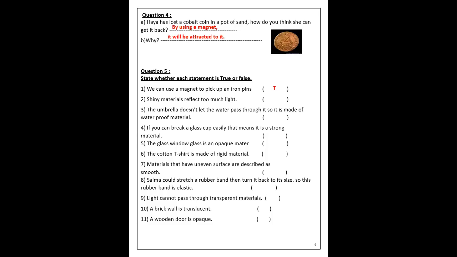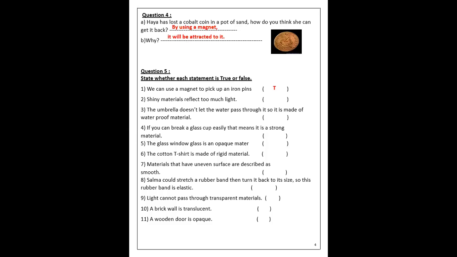Number 2. Shiny materials reflect too much light. Let's start revising. Each question from now on will have a revision first. I will revise with you first and then we will answer it together. So what are shiny materials? Shiny materials are the materials that reflect all the light.